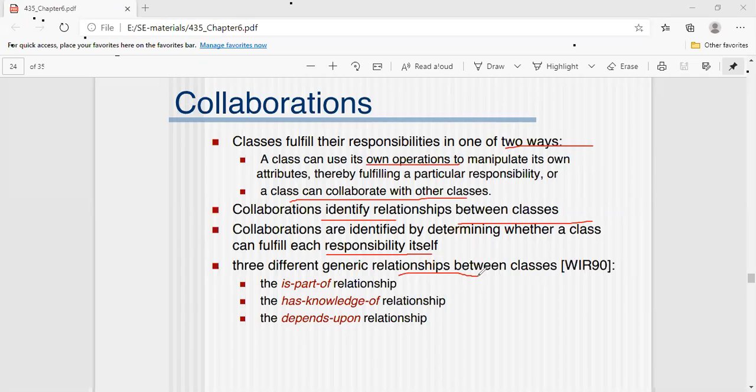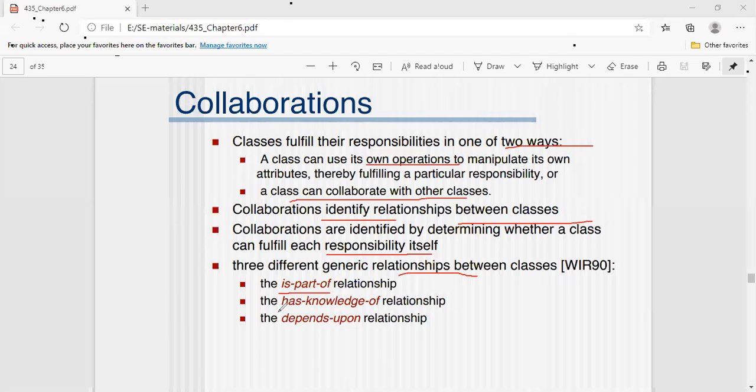What is the first one? One class is a part of another class. For example, one class is part of a super class or base class, and the other is a subclass. If we define parent class and child class like that, that is one kind of relationship.